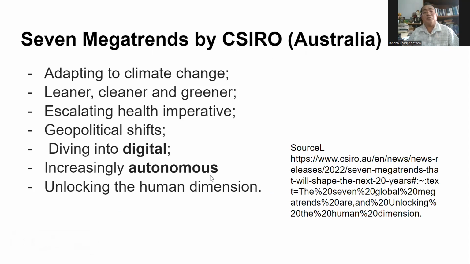And this is the CSIRO scenarios from Australia. They said that there will be 7 megatrends, like climate change. We need to go green. We need to use cleaner technology. We need to pay attention to health and the geopolitical shift and the coming of digital and automation, and also the other human dimension progress.